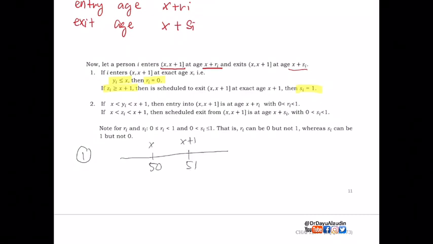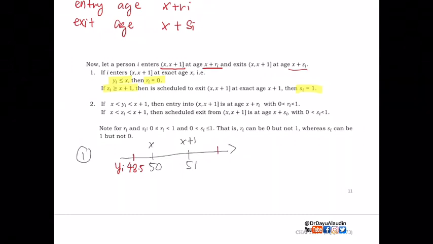The x and x plus 1 is 50 to 51. So yi is less than x, before x. Let's say yi is 48.5. And zi is greater than x plus 1 for the first case.